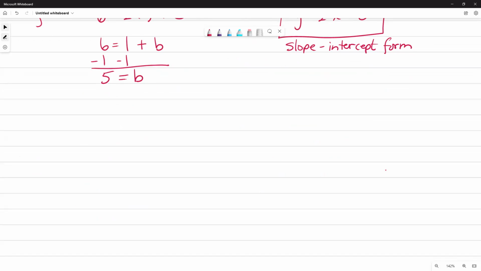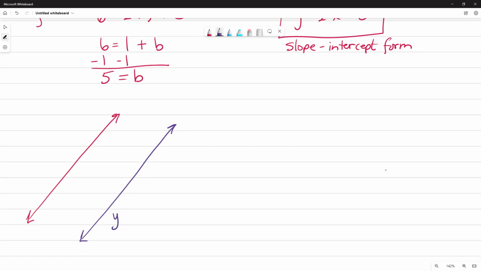We have parallel lines for two separate graphs. Now the equations are different. I'm not going to do the Cartesian plane, I'm just going to draw the graphs.